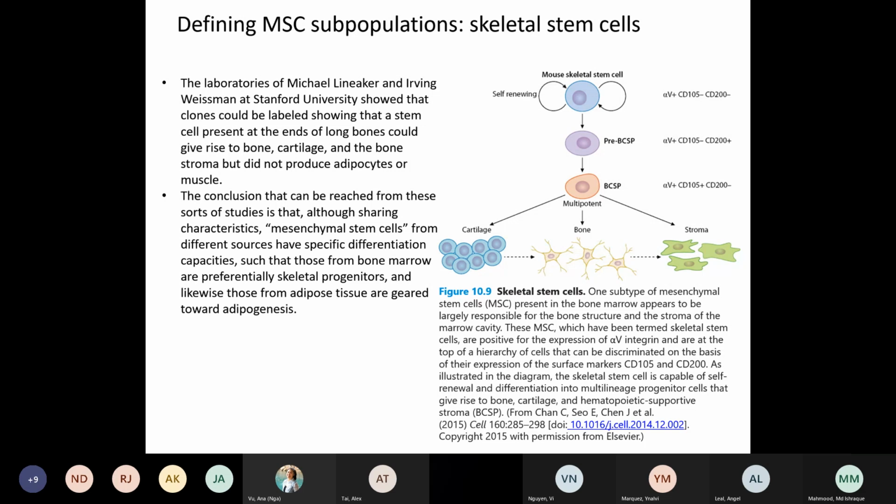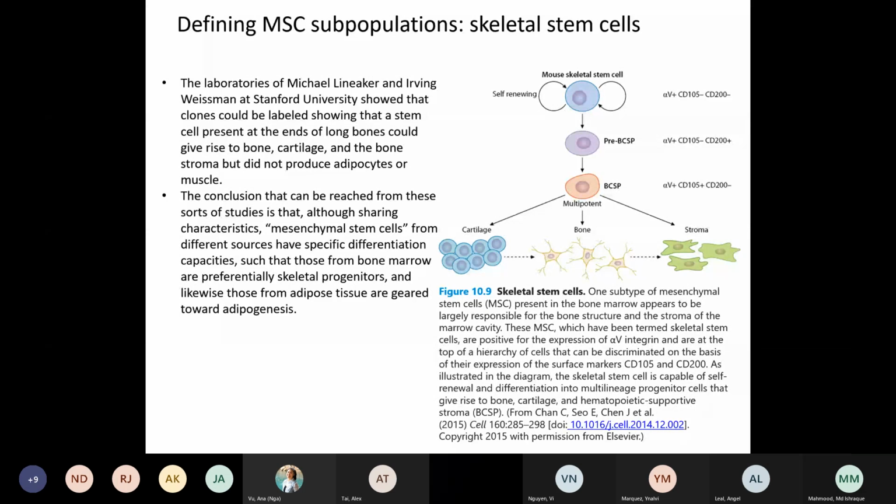Skeletal stem cells, because these cells can give rise to bone and cartilage. So they used additional markers to define the differentiation process. When CD200 becomes positive, they call these cells pre-BCSP. BCSP is the hematopoietic supportive stroma.